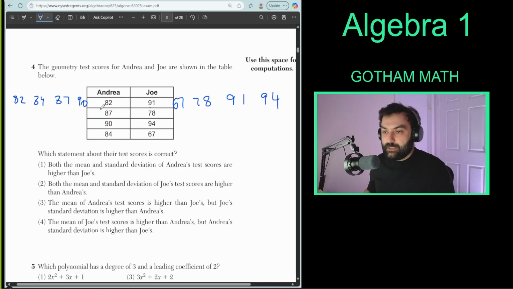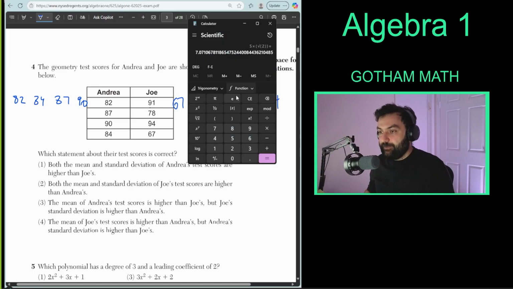All right, so in order to calculate, the mean part is actually very, very easy. Everybody knows how to find the mean. You just add the numbers and divide by how many. So we can do it real quick. It's going to be 82 plus 84 plus, sorry guys, I'm going to have to do it real quick. Divided by 4.